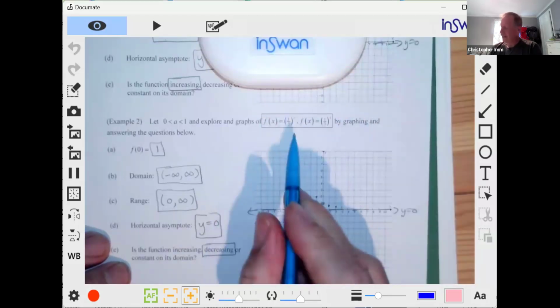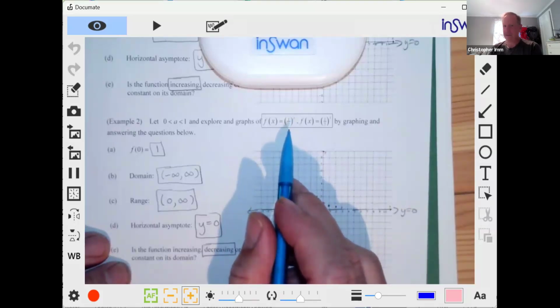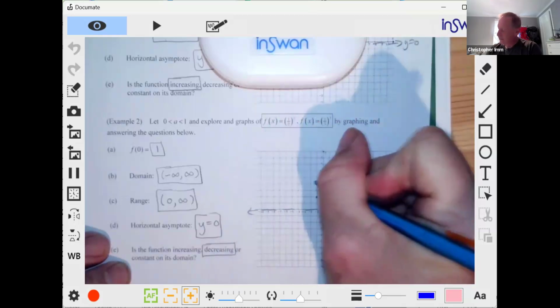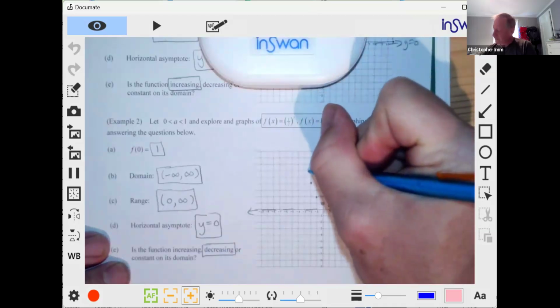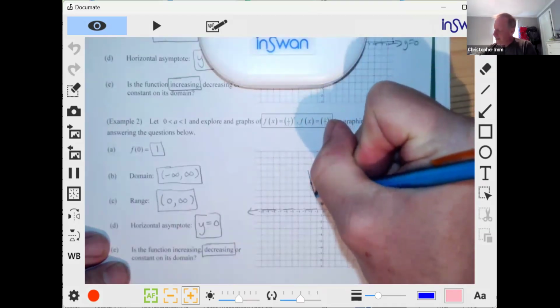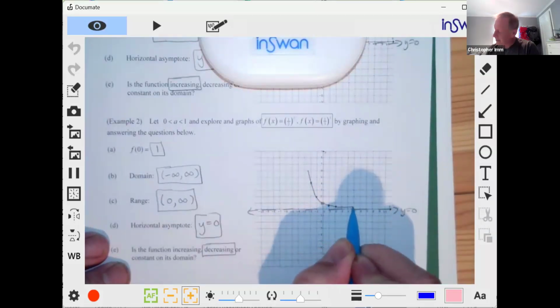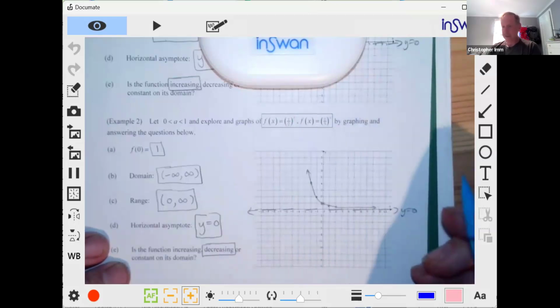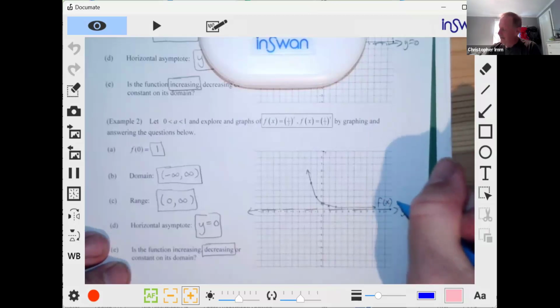If I plug in -2, this flips again, so I get 2 over 1, but squared, is 4 over 1, which is 4. So (1/2) to the x is going to be the same as what we had for 2 to the x, but it's going to be flipped about the y-axis.